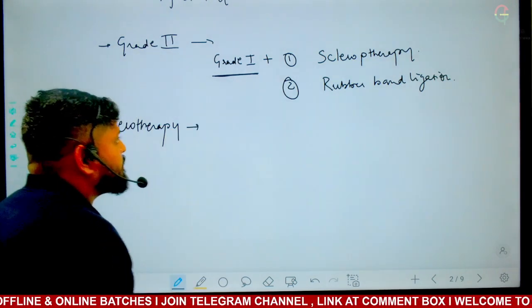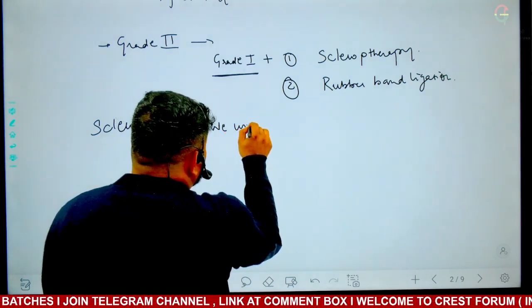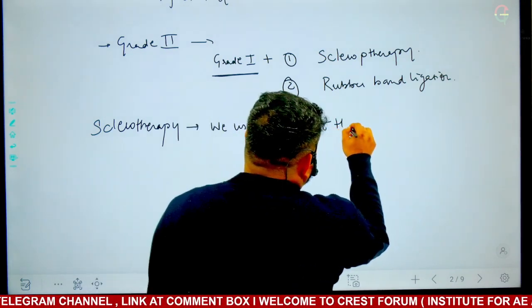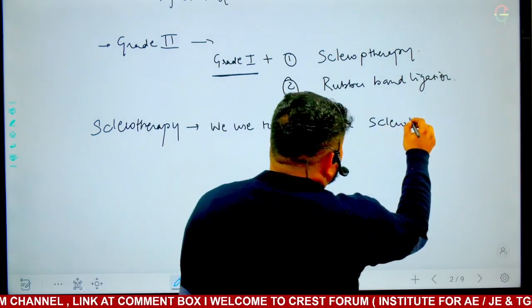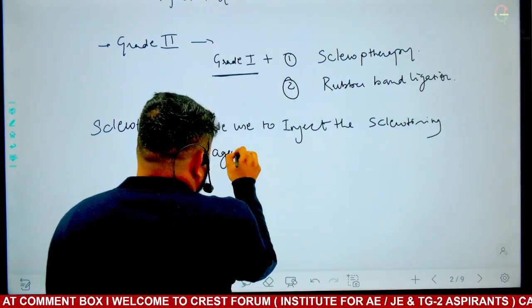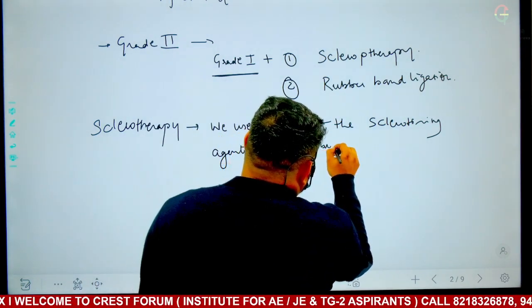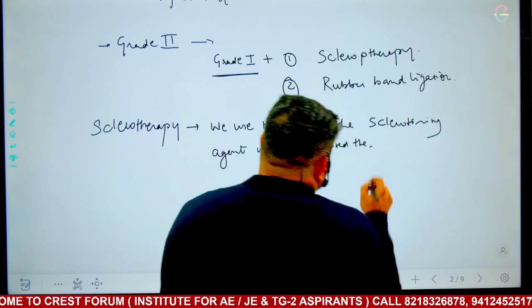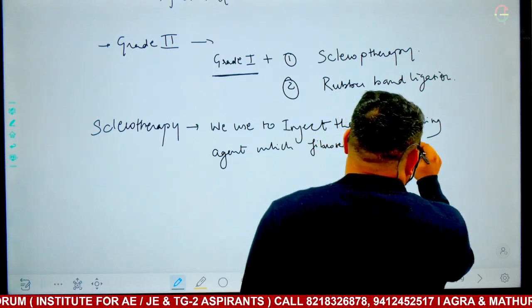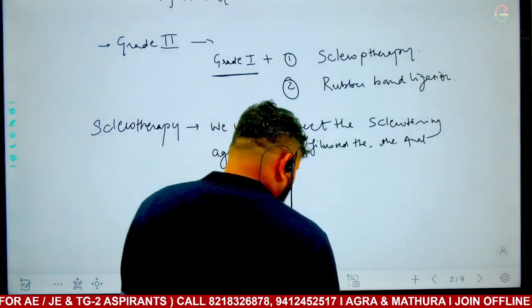In sclerotherapy, we inject a sclerosing agent which fibroses the anal cushion or rectal cushion.